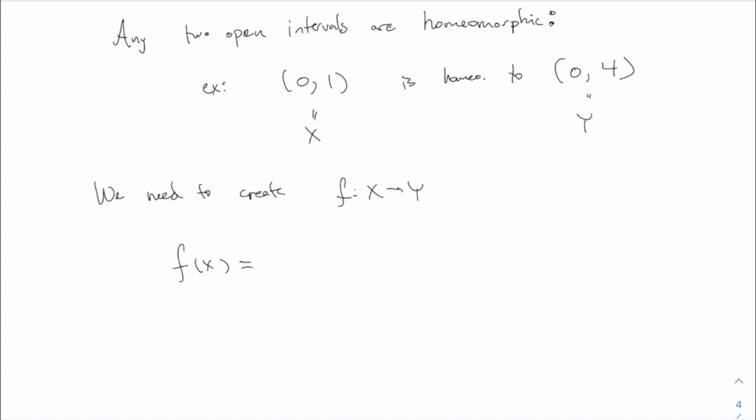Anyone want to say? Can you give me a formula? The idea is the domain is some number between 0 and 1. You do something to it, and out you get a number from 0 to 4. It's not a very complicated formula to use.